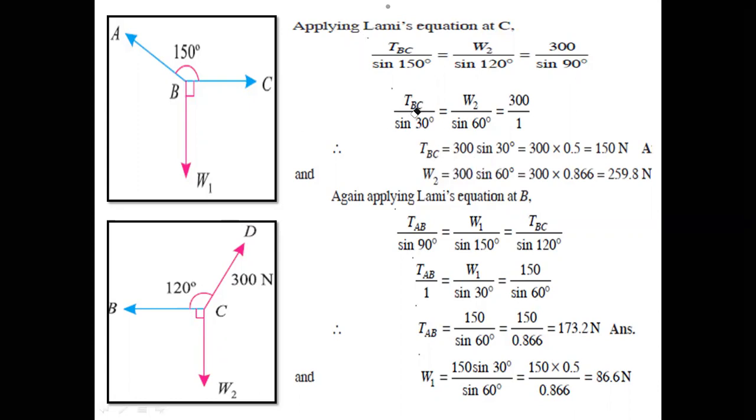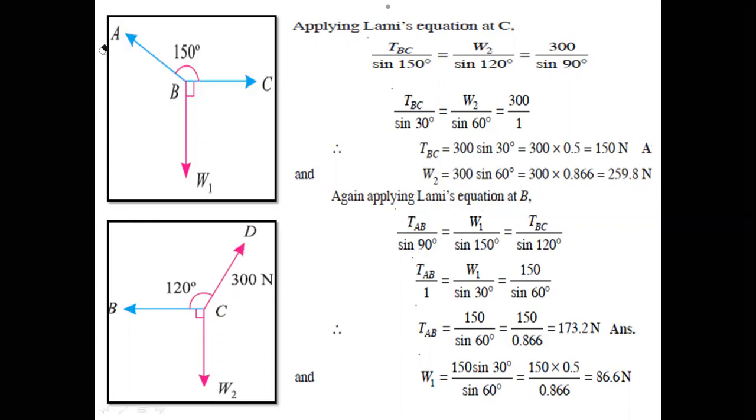Sine of 90 is equal to 1. So 300 by 1 equals W2 by sine 60 degrees, which equals TBC by sine 30 degrees, that is sine of 180 minus 150. Equating these, we get TBC as sine 30 degrees into 300. In the same way, W2 is 300 into sine 60 degrees, which is equal to 259.8 Newton.